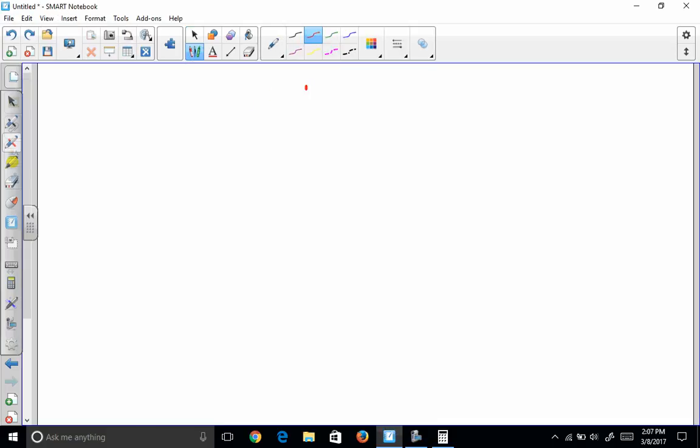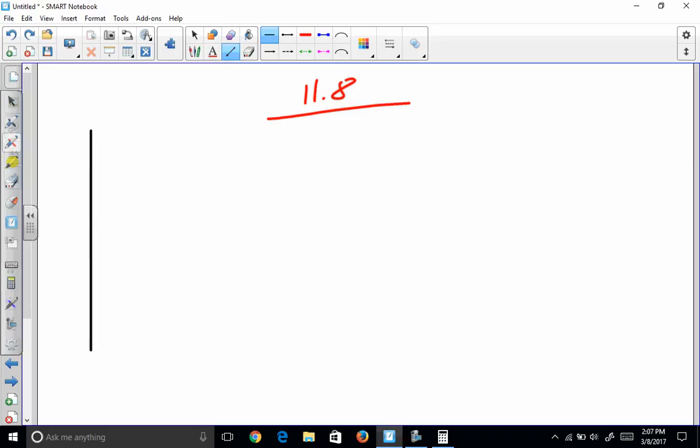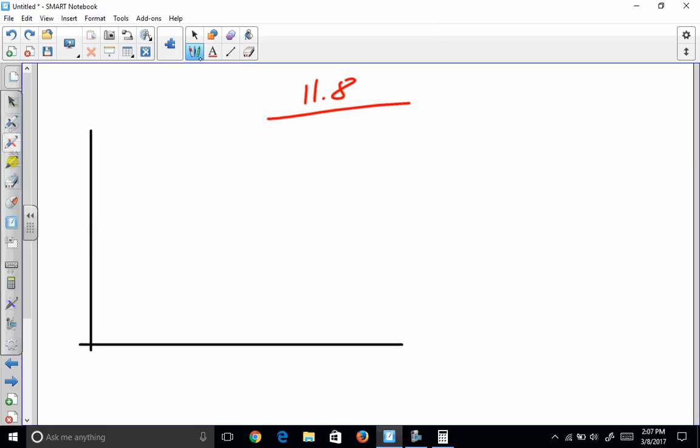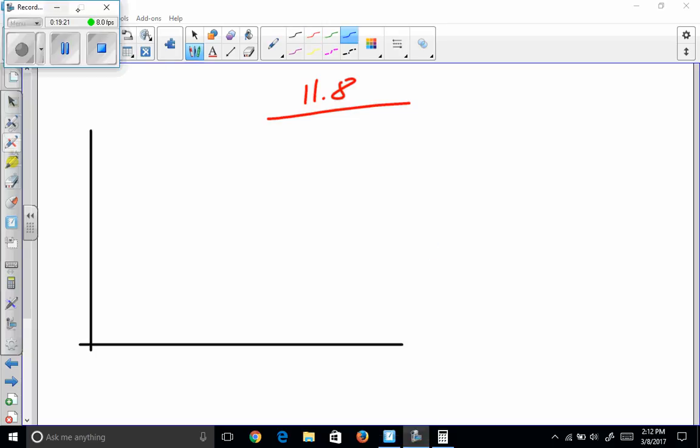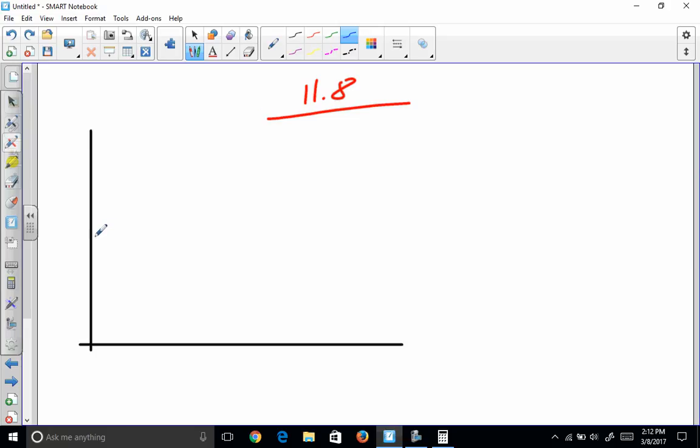Now the next section, 11.8, is another application of derivatives. This is called Newton's method. What Newton's method does is help us to approximate zeros of a function. Let's suppose we have a function.